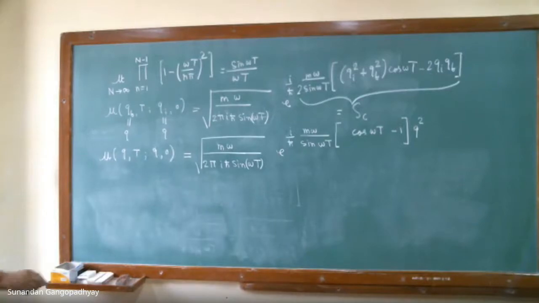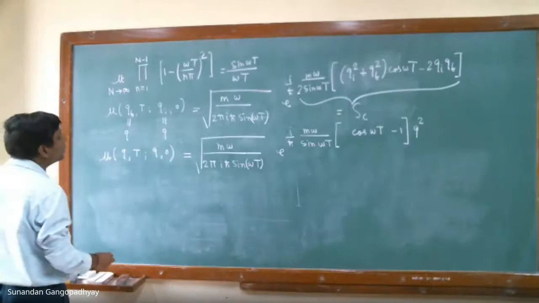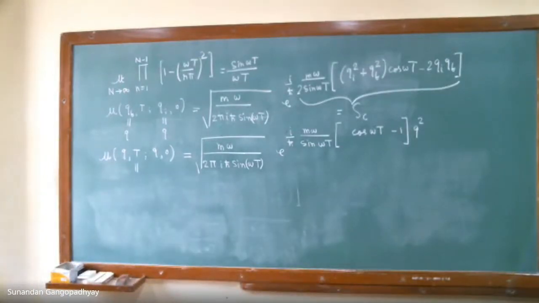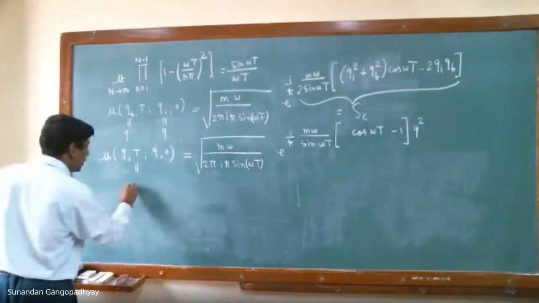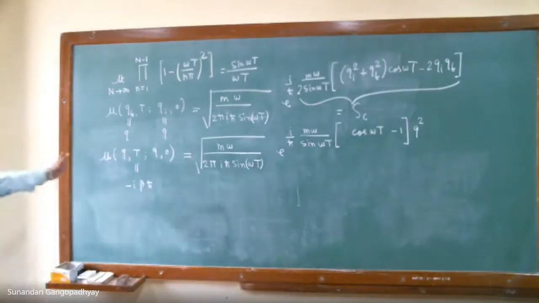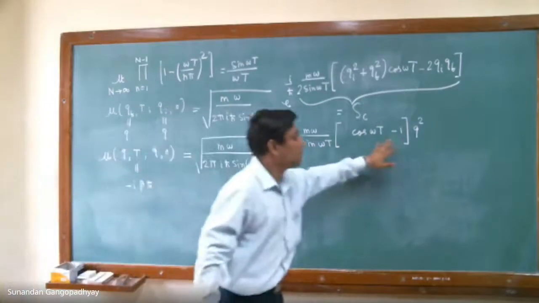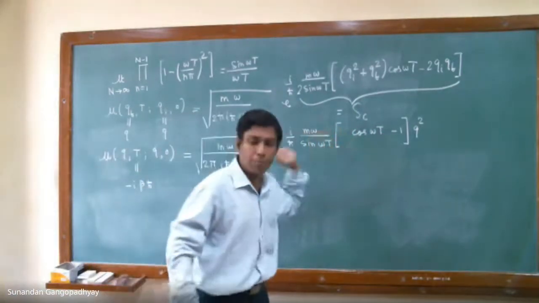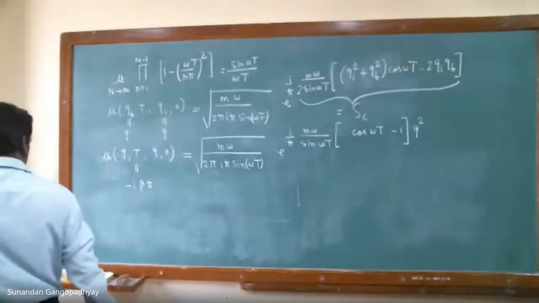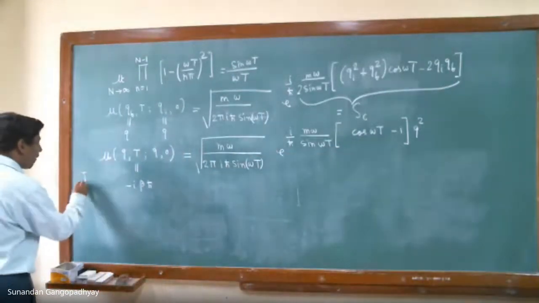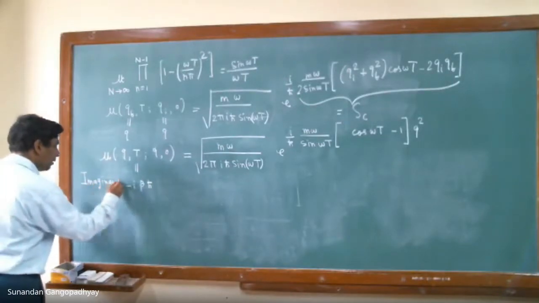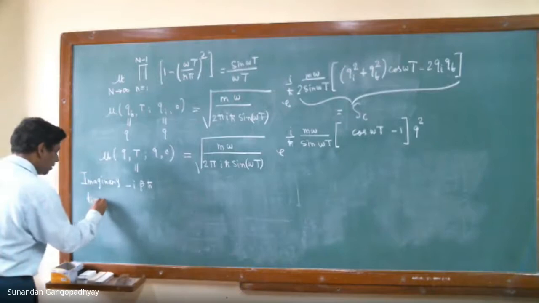And now what we shall do is, we shall set this capital T to minus I beta h bar. This capital T over here, this is the result for the propagator in real time. But now we shall go to imaginary time. We shall use the formalism of imaginary time that we have developed earlier.